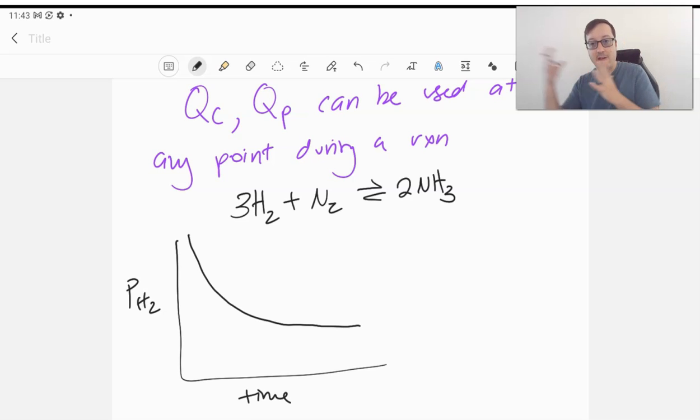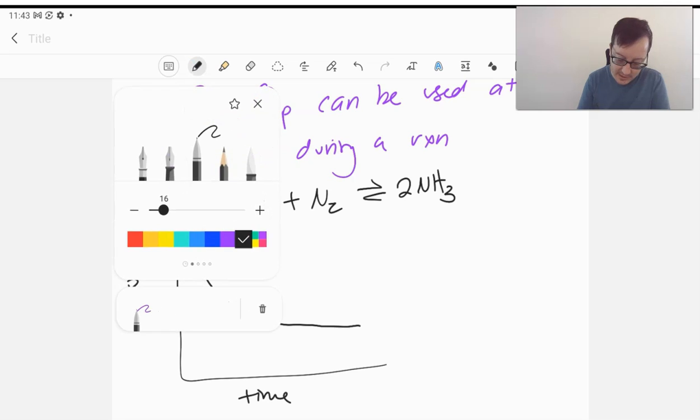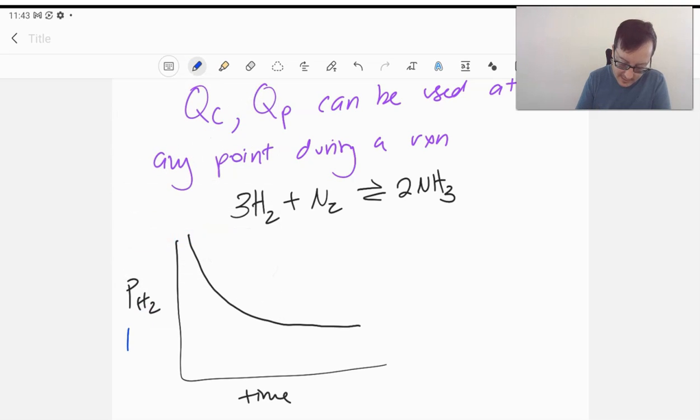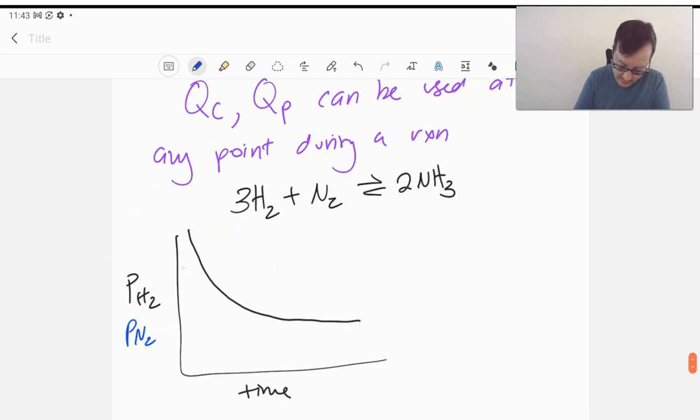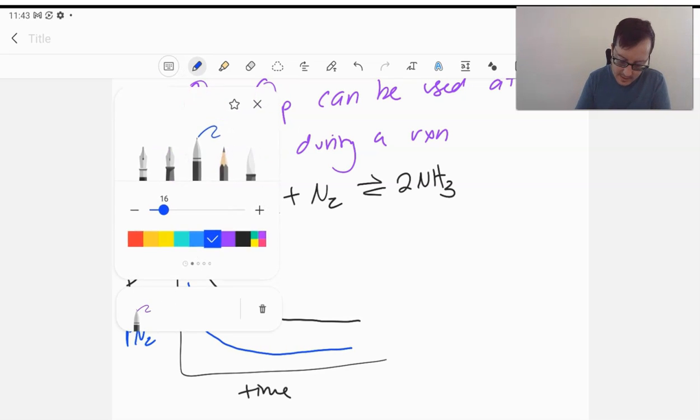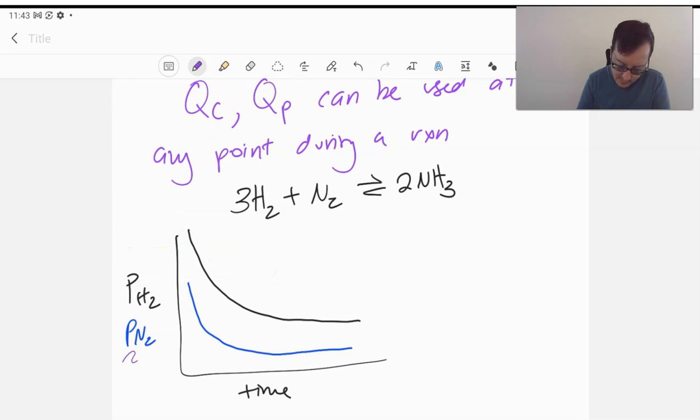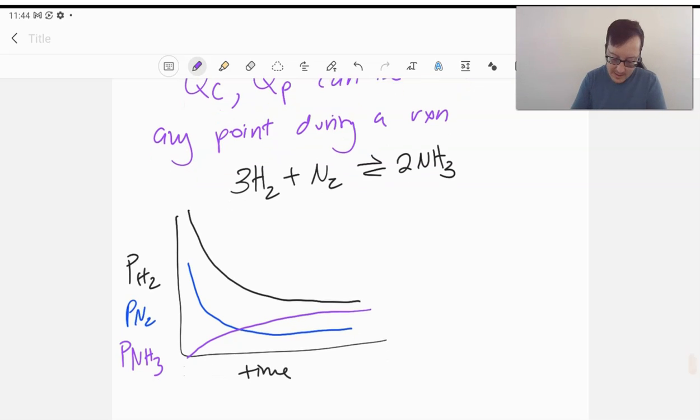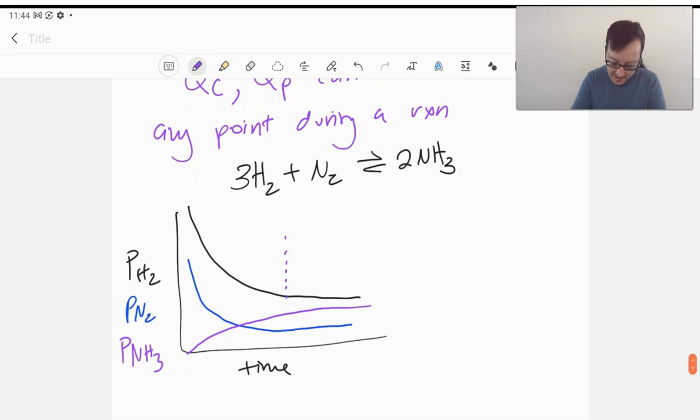Of course, it doesn't react immediately. There's a certain amount of time that takes place as the rate of the reaction happens. We can see that the pressure of nitrogen also decreases over time. And finally, we have the pressure of ammonia. That's going to be increasing until we reach equilibrium. And once that point happens where they all flatline, they all plateau, this is where equilibrium is established.